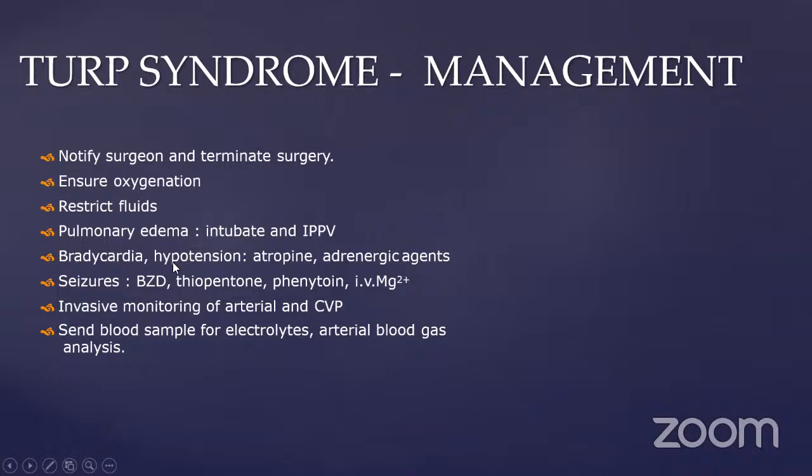In patients with bradycardia and hypotension, atropine and adrenergic agents should be given. And in seizures, benzodiazepines and thiopentone or phenytoin. In some patients, IV magnesium can also be given. Invasive monitoring of arterial and CVP. Send blood samples for electrolytes, arterial blood gas analysis.